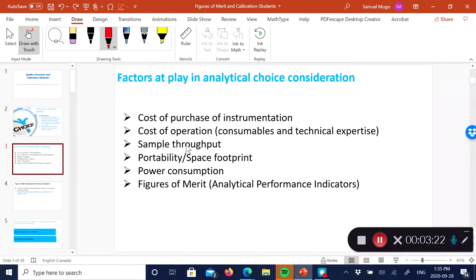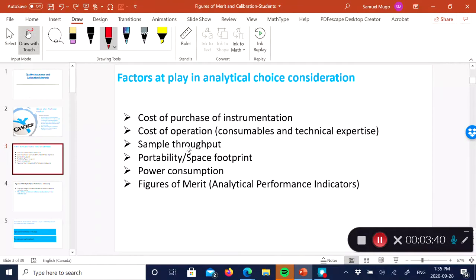If you take a look at, say, an ICP compared to an AAS, with an ICP you can run 70 elements in a single sample all at the same time. With an AAS, you have to analyze one single element at any given time.